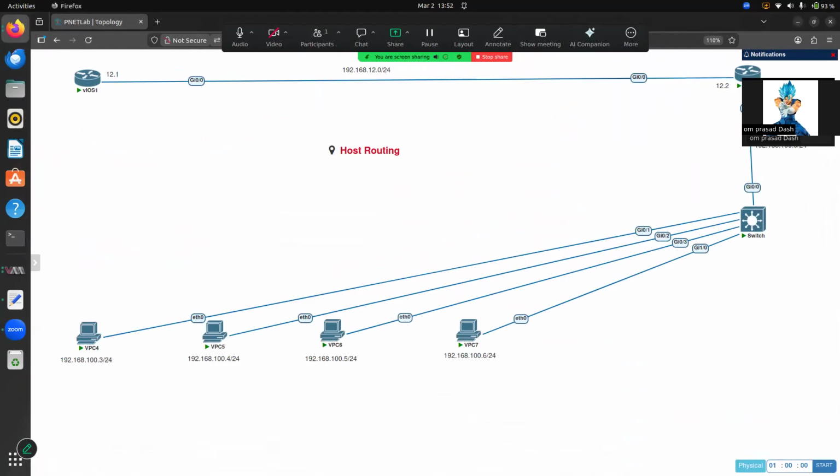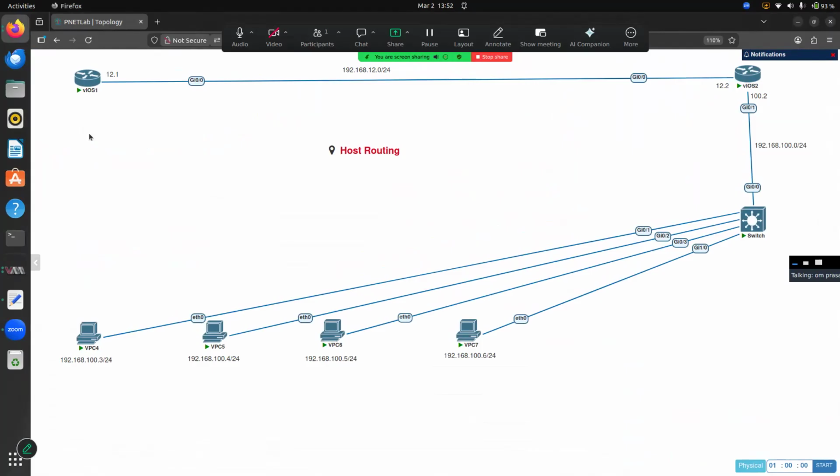Today I made this topology, and I'm going to explain it. So host routing means what? Suppose, to reach a specific IP address under the network address.